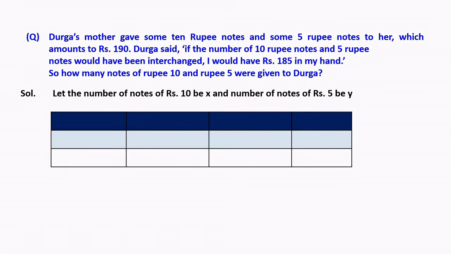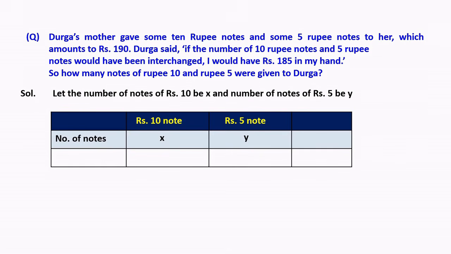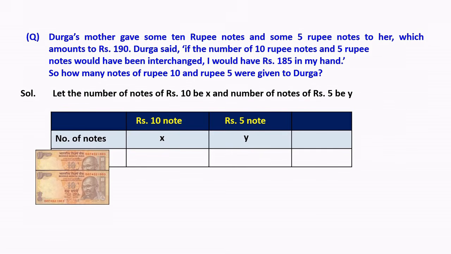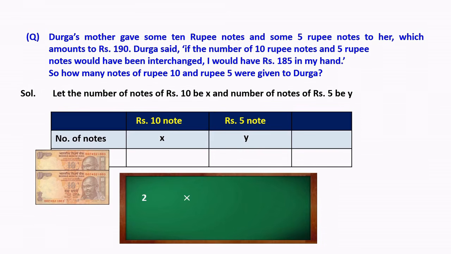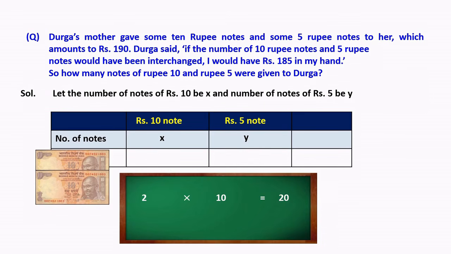Let us take an example. If there are 2 notes of 10 rupees, then the amount will be 2 times 10, which is 20. If there are 4 notes of 10 rupees, then the amount will be 4 times 10, which is 40. So, if there are x notes of 10 rupees, then the amount will be 10x.